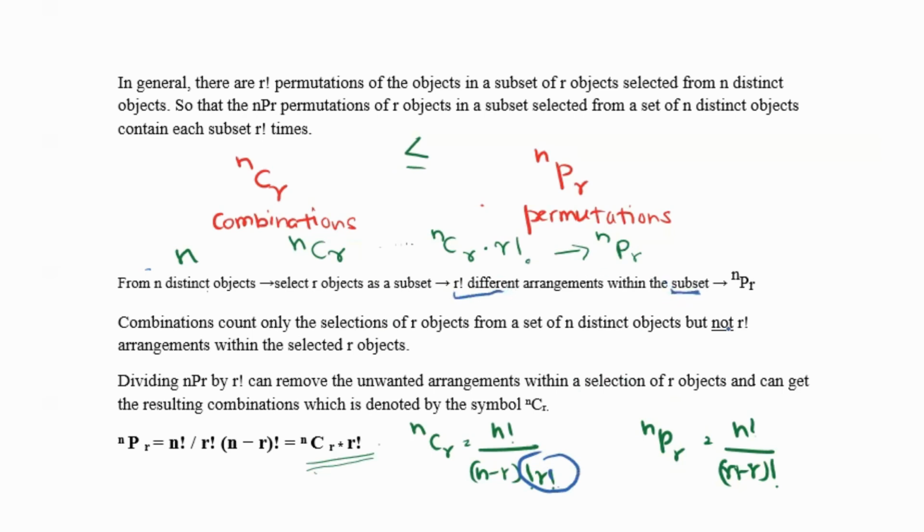If the subset happens to only have one object, then the combination is equal to the permutation, which means we're not doing any permutations. We're just selecting one person. So you can see the connection between combinations and permutations very easily after this. So nPr can be written in other words as nCr times r factorial.